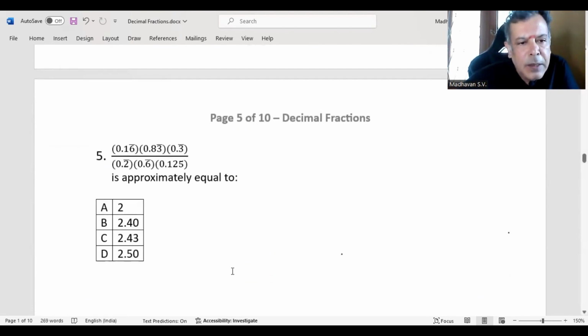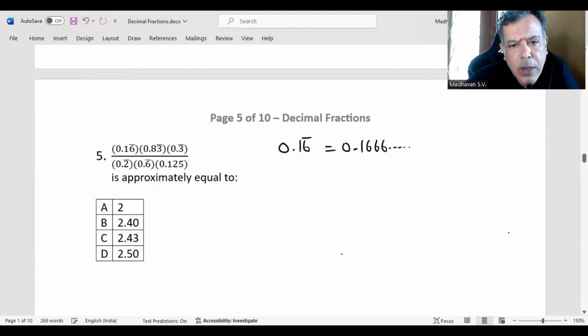Here, 0.166 is going to recur, 0.833 is going to recur, 0.33 is going to recur, divided by 0.22 is going to recur, 0.66 is going to recur, and here it is not recurring, 0.125. So now let us write 0.16 recurring as 0.1666 and so on. Let us call this x.